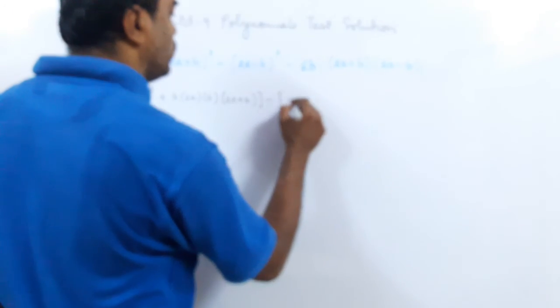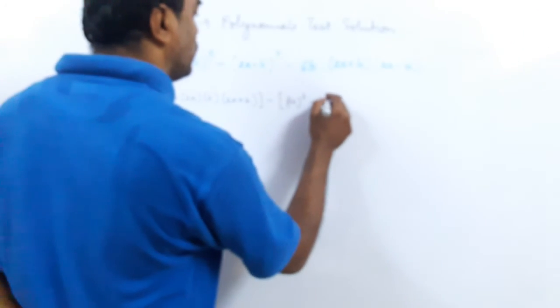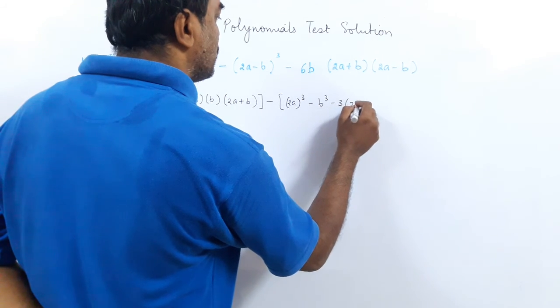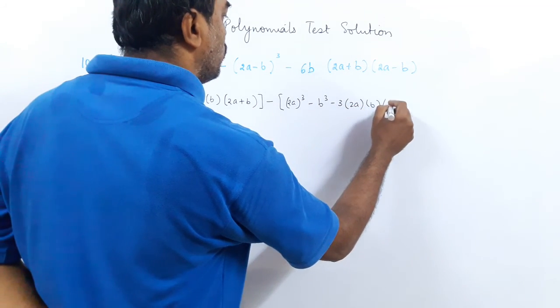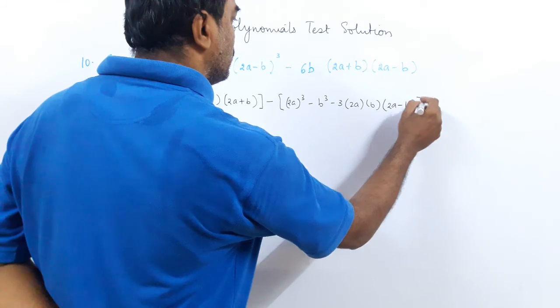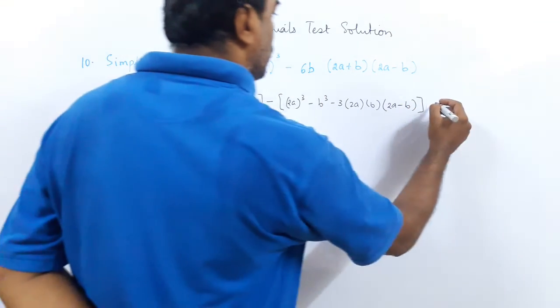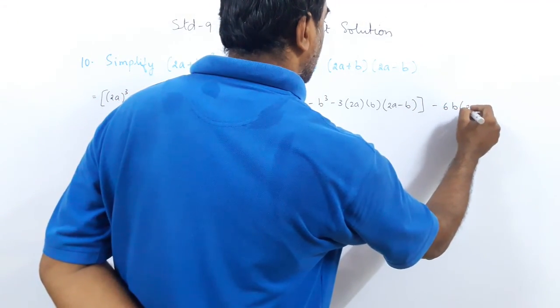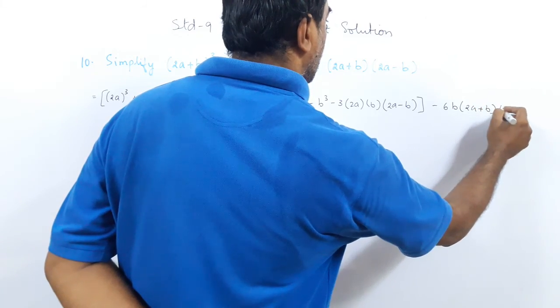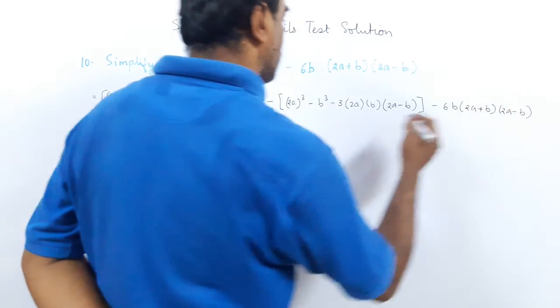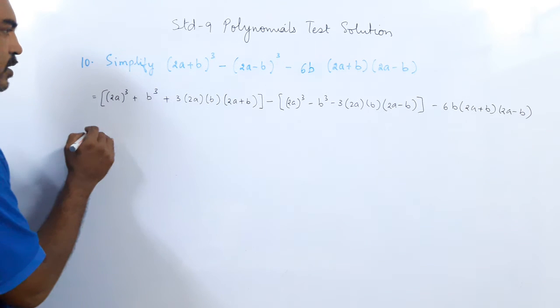It is again a cube minus b cube minus 3ab into bracket a minus b. And we already have minus 6b(2a plus b)(2a minus b). It is given to us. Now let us open the bracket.